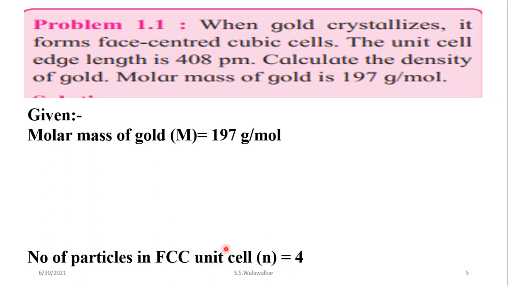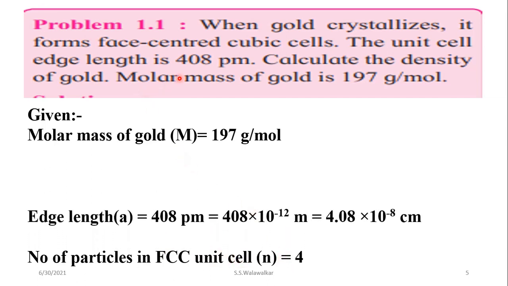Then third, the edge length is given: A is equal to 408 picometer, which you have to convert into centimeter. That is equal to 408 into 10 raised to minus 10 centimeter, or 4.08 into 10 raised to minus 8 centimeter.